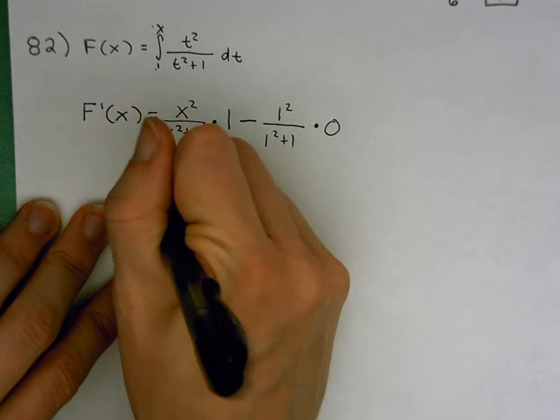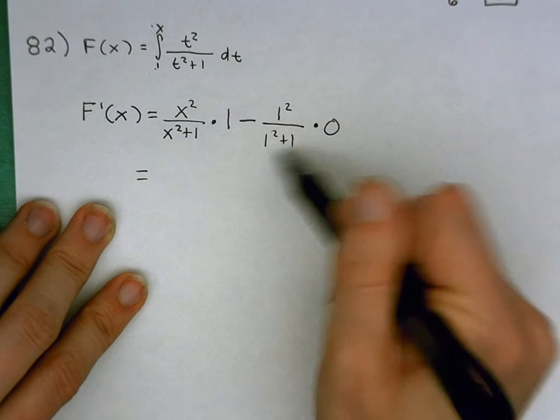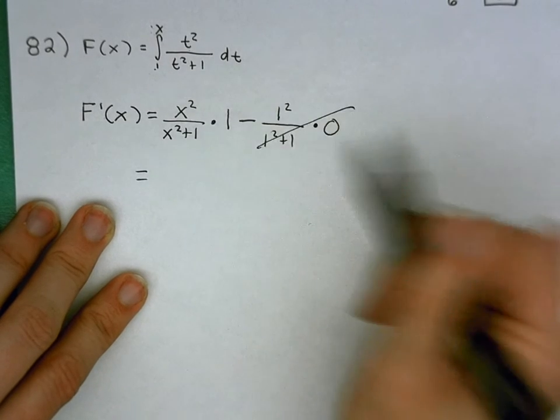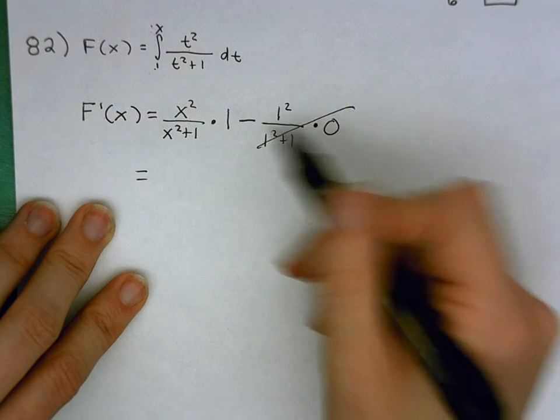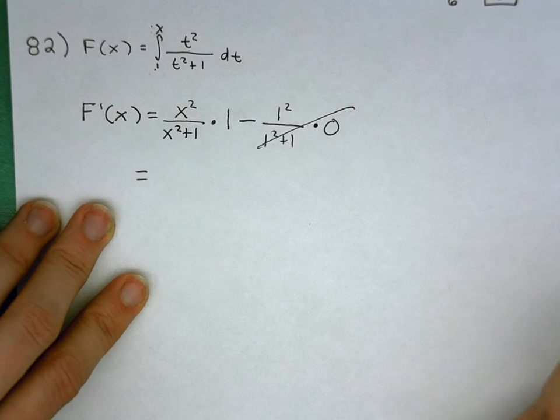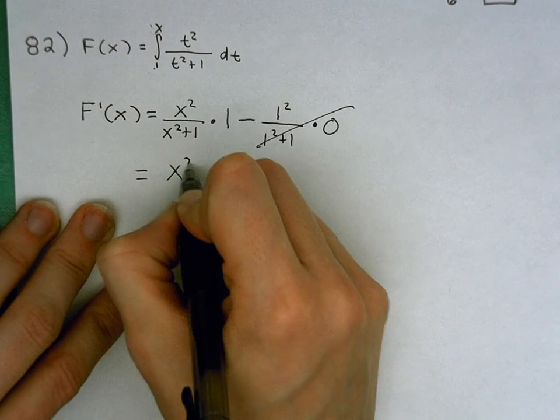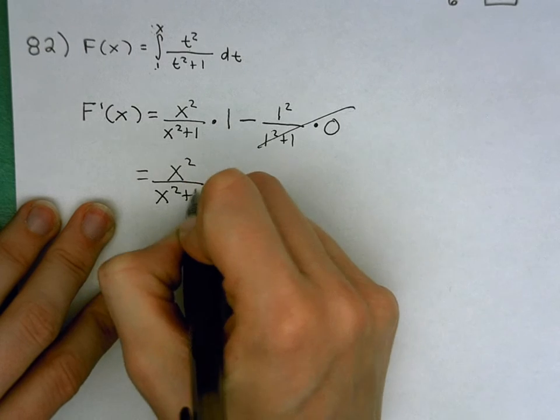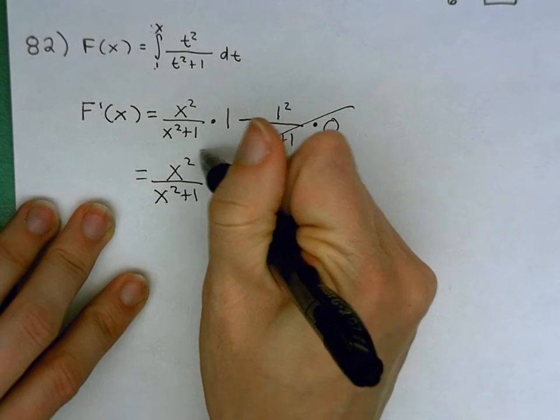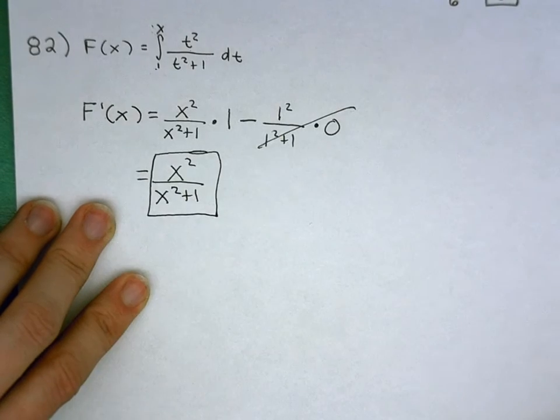Okay. And so then you get as an answer, this is something times 0, 1/2 more specifically, but something times 0, anything times 0 is 0, so that goes away. And x squared over x squared plus 1 times 1, it's just x squared over x squared plus 1.